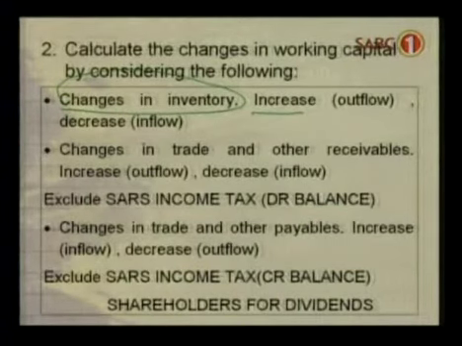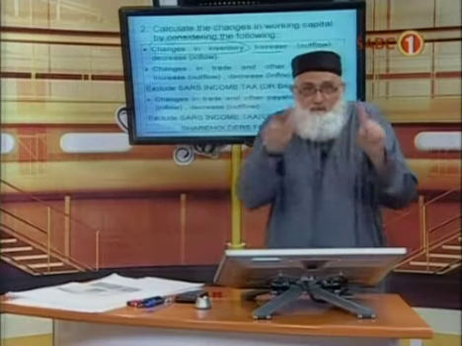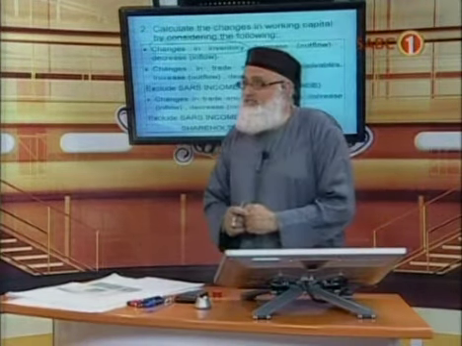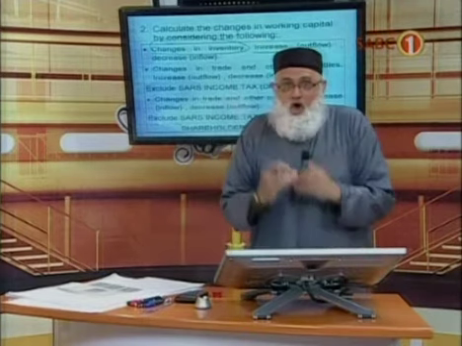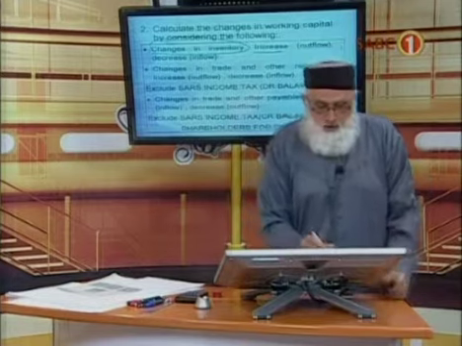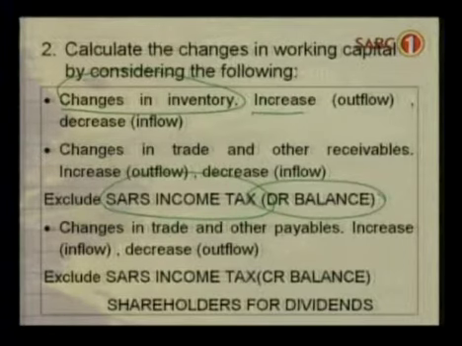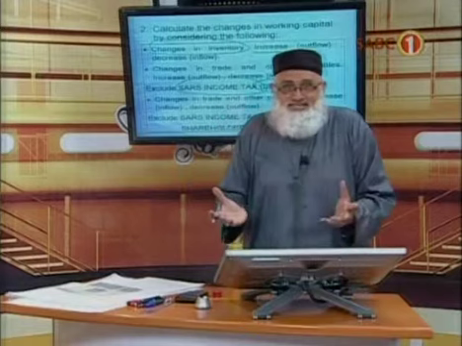Now remember, when you're doing your trade and other receivables, look at the composition of trade and other receivables. See the breakup of trade and other receivables. Always remember that if it includes SARS income tax and it has a debit balance, then exclude it. Why? Because it has its own note. That's the only reason.